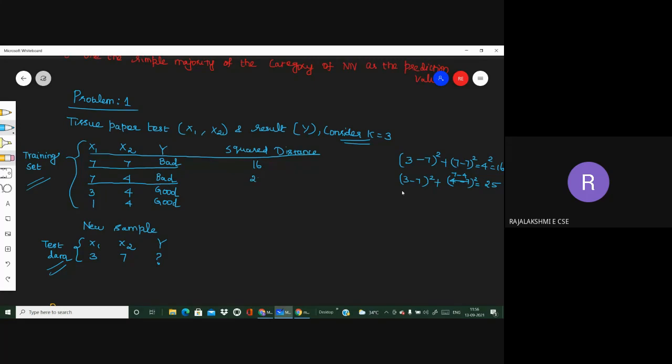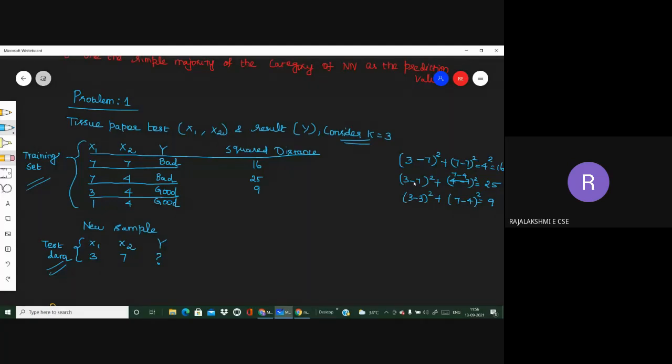Okay, this is 25. Now take the third one. Apply the same formula. It is 3 minus 3 the whole square plus 7 minus 4 the whole square. The value is 0 and 3, so 3 threes are 9. So here it is 9. Again, this is 1 and 4.